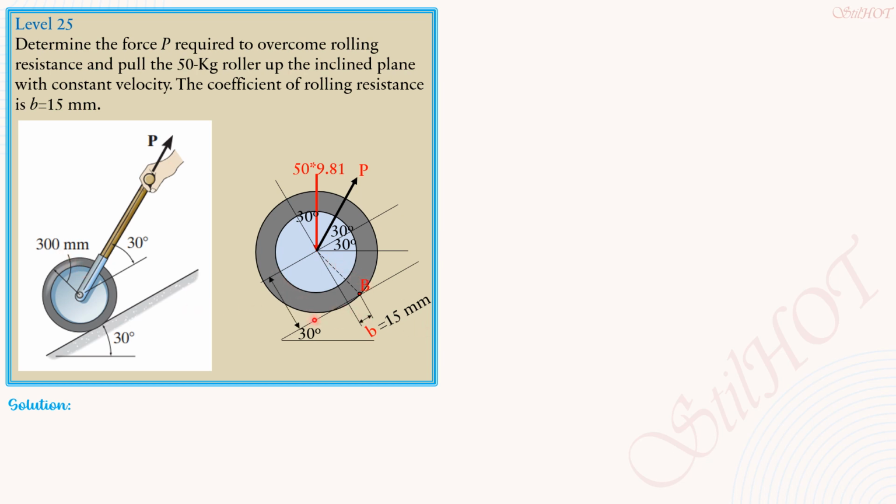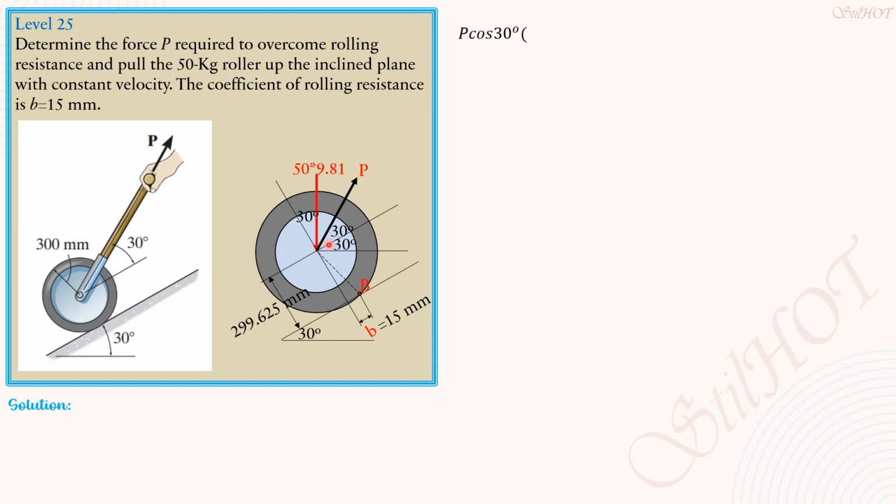So this distance, the moment arm of the forces parallel to this inclined plane or along this line, is the square root of 300 squared minus 15 squared, 299.625 mm. Then we sum up moments about B equals 0.